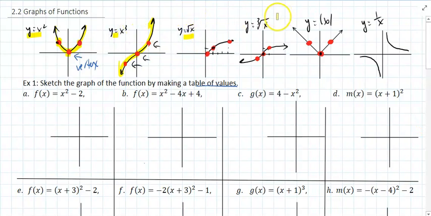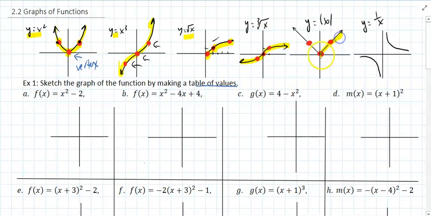When you see a square root of x, the main 3 points that give the properties of a square root, we're going to go after, and you connect those with a smooth curve. Cube root looks like a square root and the opposite of that.